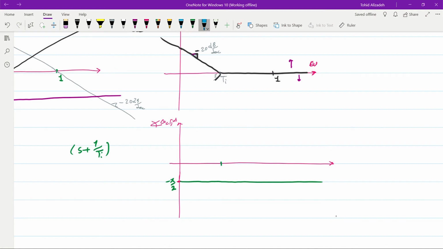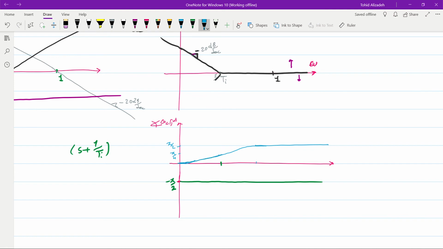For that one, since it's a 0, at 1 decade after 1 over Ti, the phase will become pi over 2. 1 decade before that, the phase will be 0, and at that frequency we'll have pi over 4, and therefore the approximate phase will be like this.